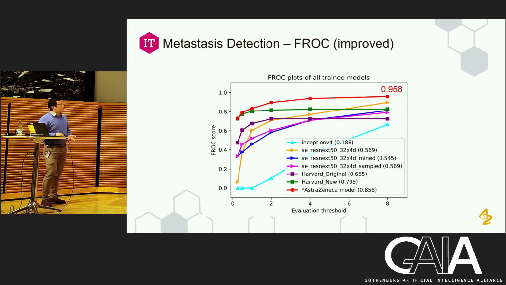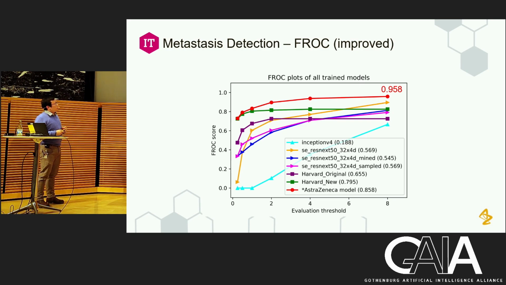Eventually, we managed to produce much better results. Especially the red line produced a result which outperforms both Harvard results. Harvard submitted twice. In 2016, they submitted the initial method. Then in 2017, they further improved the result and submitted the latest one, which is still in first place on the leaderboard.